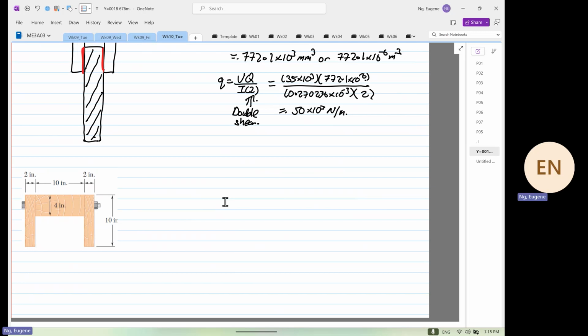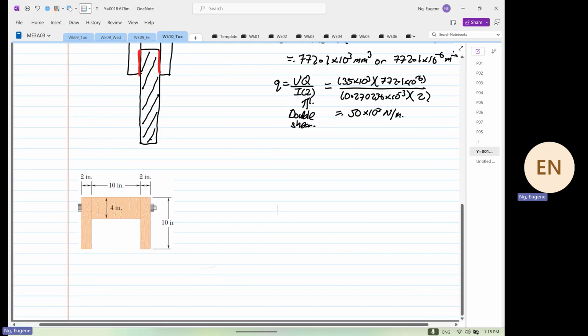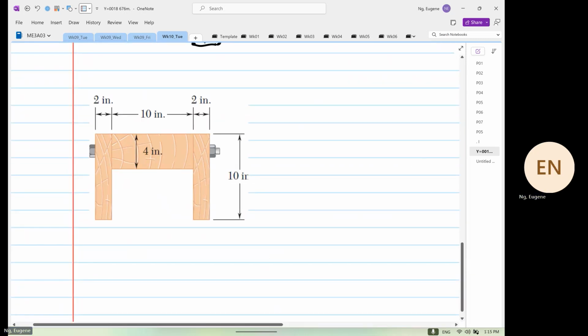So let's look at this problem. Which is the first moment of area that we're going to take?